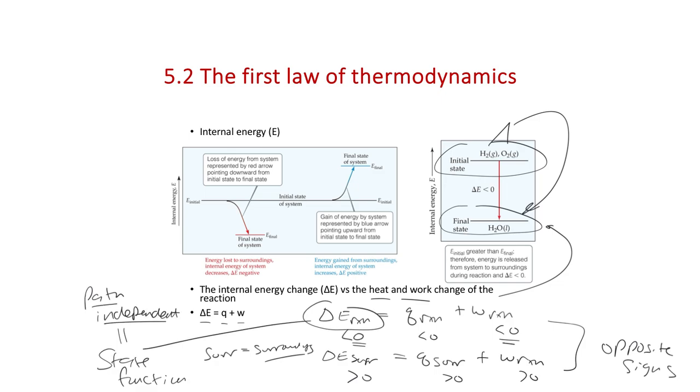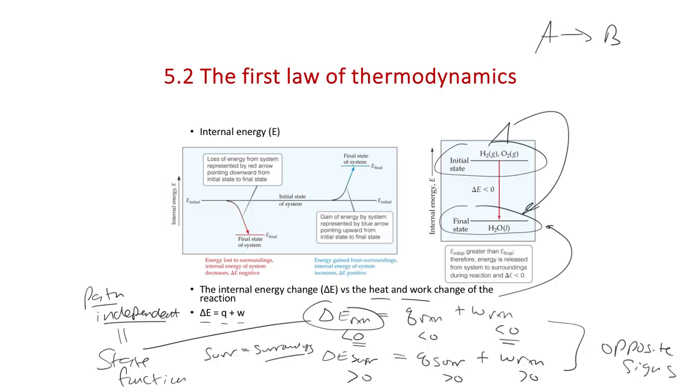So that's path independent. Now, what that means is if you have a process, like imagine a reaction of H2 and O2 going to water, or 2A going to 2B or whatever. Just imagine some type of a reaction. What this means is that for A to B, let's say it's minus 10 kilojoules. It doesn't matter how you get from A to B, it's always going to be minus 10 kilojoules.